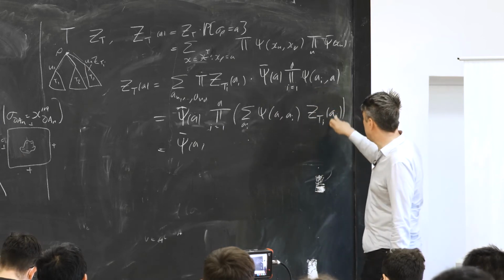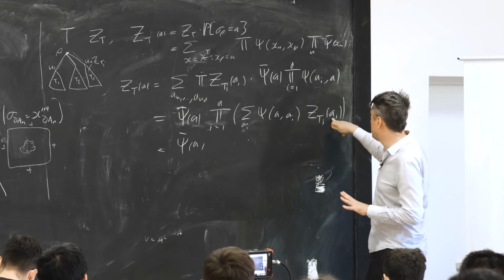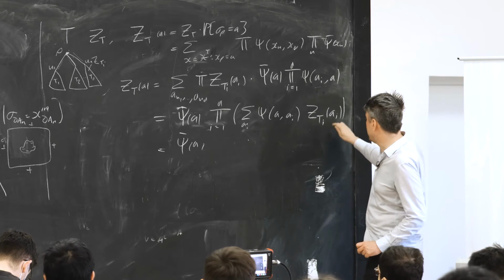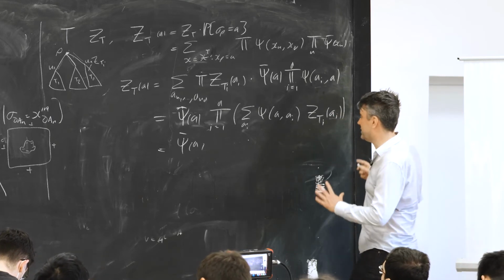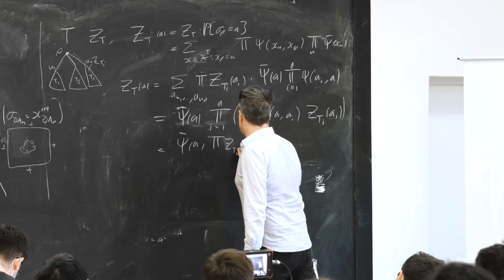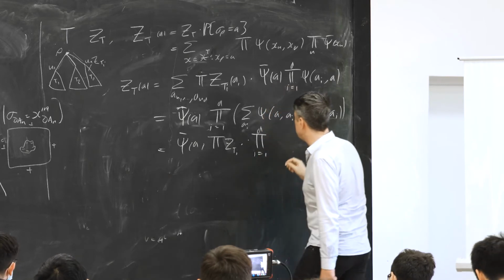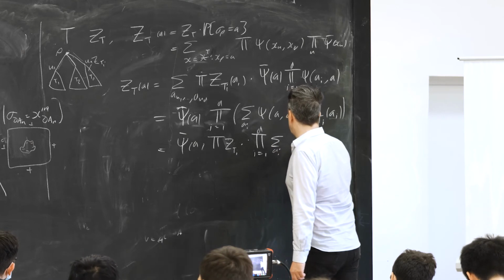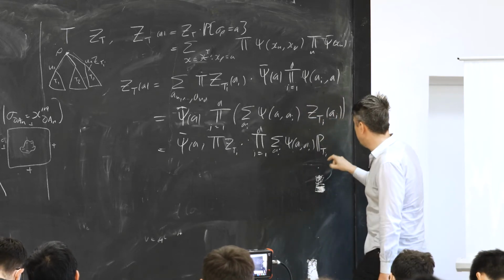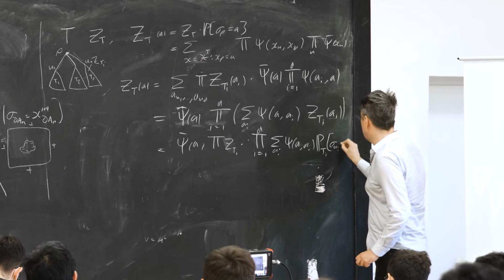Well, each of these Z_{T_i}(A_i) is the contribution to the partition function in T_i of the root being A_i, but I could just write this as Z_{T_i} times the probability that that particular tree is in A_i. So the product of Z_{T_i} times the probability, now taken just in the tree T_i, that sigma(u_i) equals A_i.